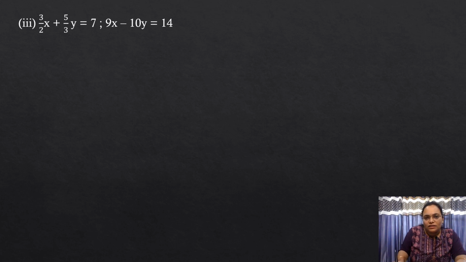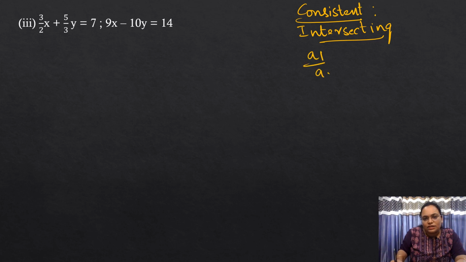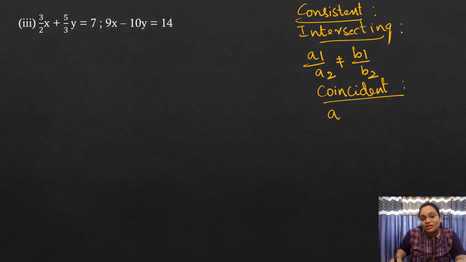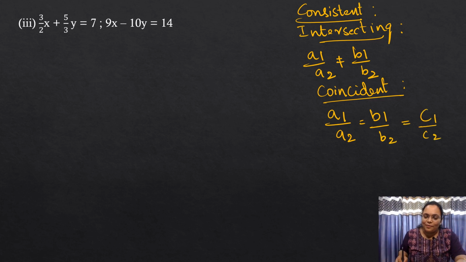So we know that a consistent system has intersecting lines. The condition is A1 by A2 is not equal to B1 by B2. And the consistent system also has coincident lines. The condition is A1 by A2 is equal to B1 by B2 is equal to C1 by C2. Okay.